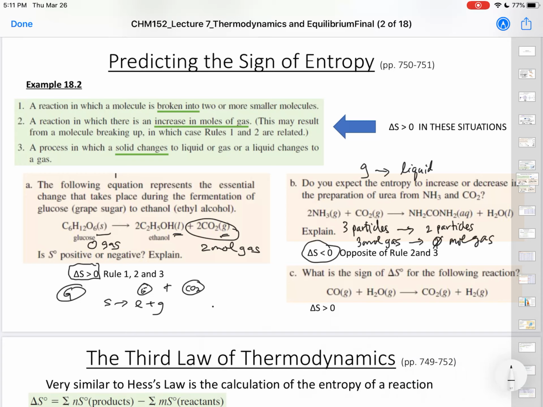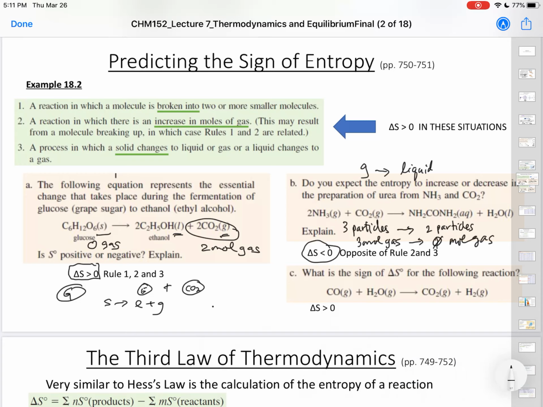Last but not least, if you have carbon dioxide gas and water gas becoming carbon monoxide gas and carbon dioxide gas and H2 gas. Rule number 1, you have 2 and 2 particles, so all the same.